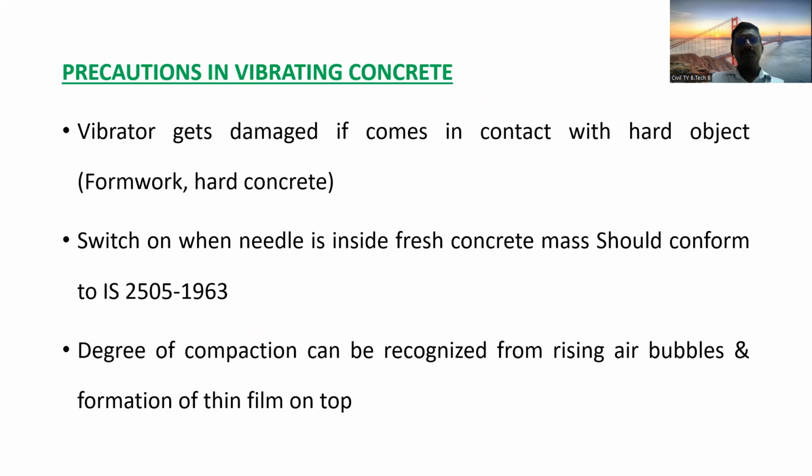So this is the part on placing and compaction of the concrete. The next part of unit number 3, whose title is properties of fresh concrete: so far we have seen workability, segregation, bleeding, and some methods of measuring workability using the slump cone apparatus.